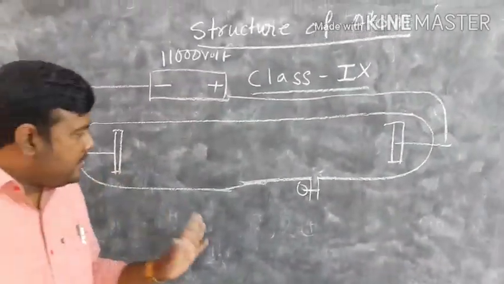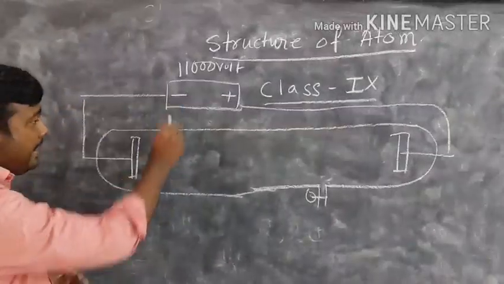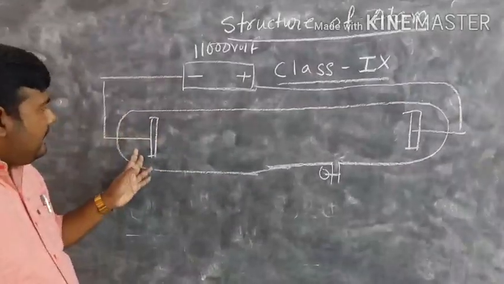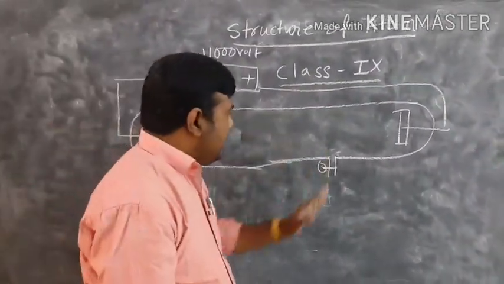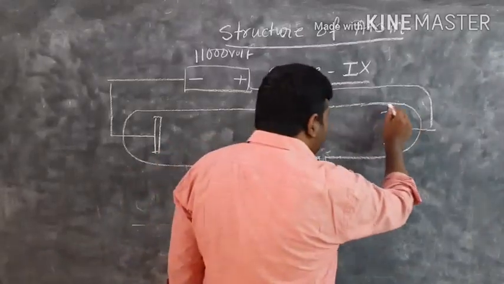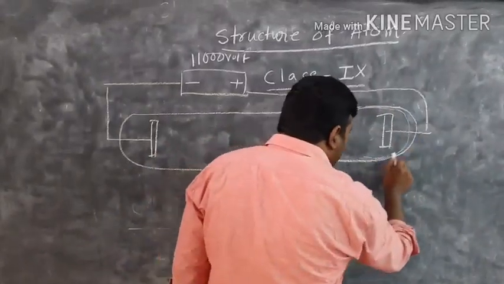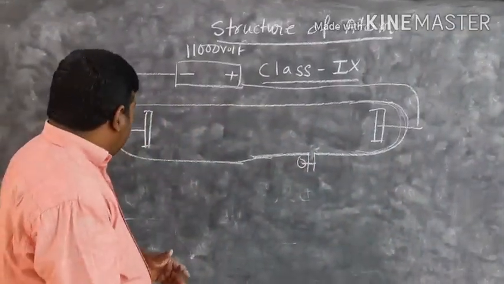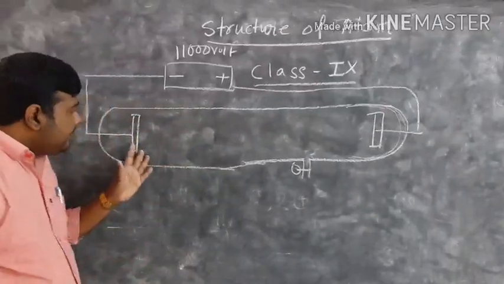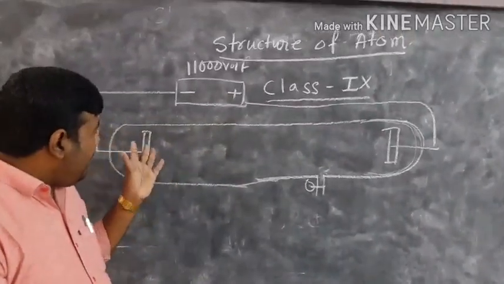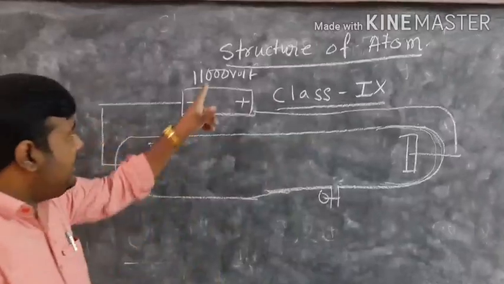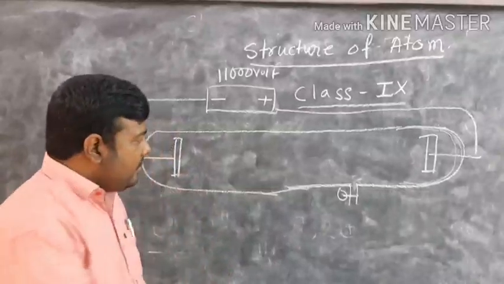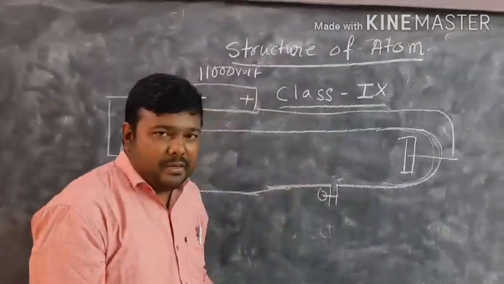Now what did he observe? When he allowed the 11,000 volt electric current, initially nothing was observed inside the tube. Also, the side opposite to the cathode was coated with a fluorescent or phosphorus material. Then, with the help of the vacuum pump, he reduced the pressure.